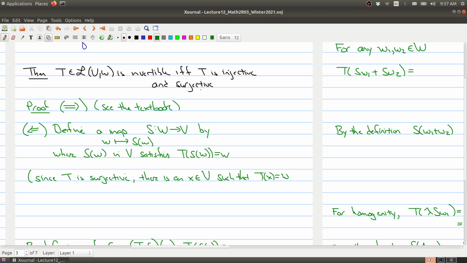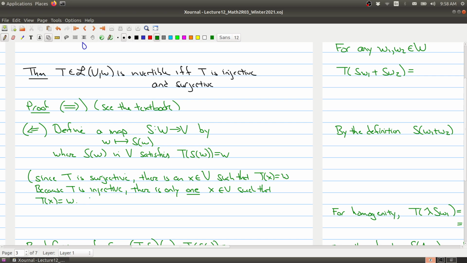So T is surjective, so if I take any element little w in W, I can find some x that maps to it. Moreover, because T is injective, there is only one x in V such that Tx is equal to w.